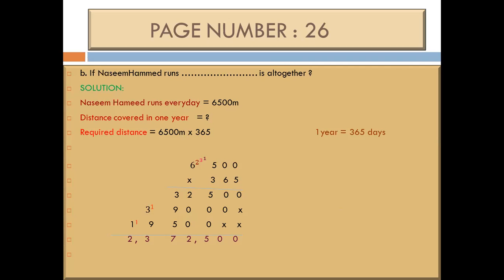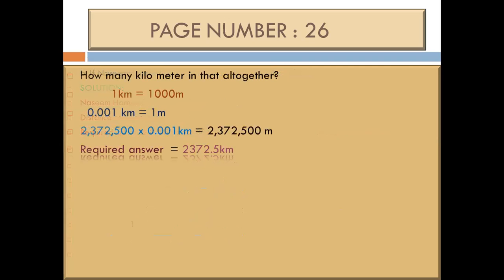Now we convert into kilometers. 1 kilometer is equal to 1000 meters. It means that 1 meter is equal to 0.001 kilometer. We multiply our answer with 0.001 because we are converting meters into kilometers.